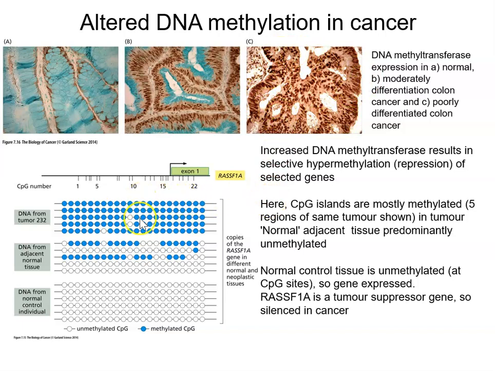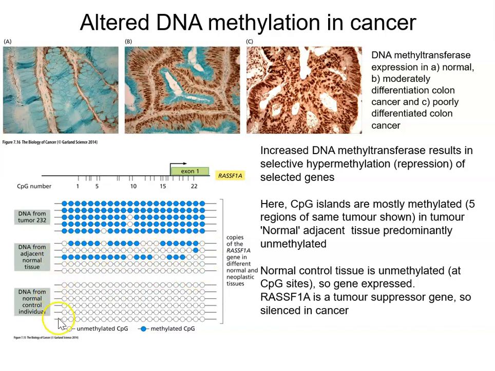And when we look at the CpG islands around exon 1 and upstream of that in the promoter region, we find that in DNA from the tumour, almost all of those CpG islands are methylated, meaning that this particular gene, the RASSF1A gene, which you don't need to know about, is going to be silenced. If we look at DNA adjacent to the normal tissue, you see that sometimes it's silenced, sometimes it's not. That's probably just a bit of tumour DNA in that normal tissue.